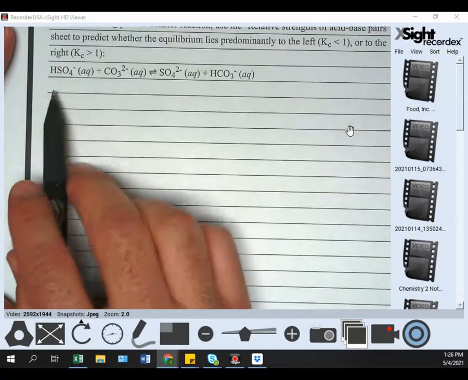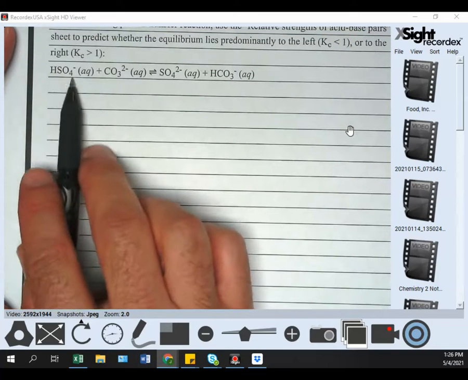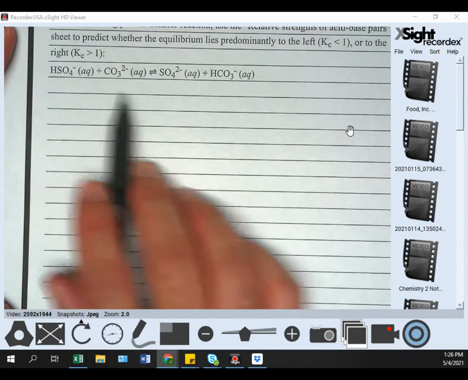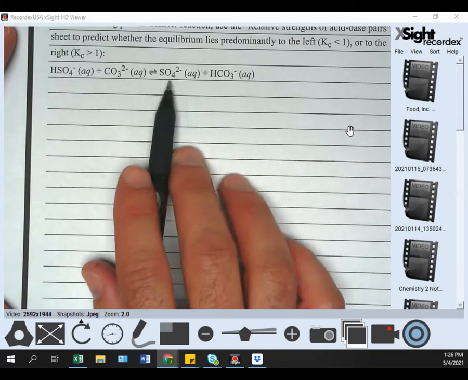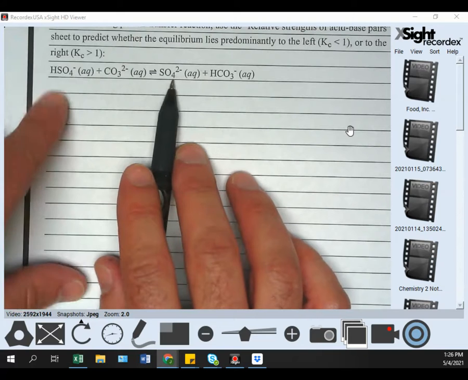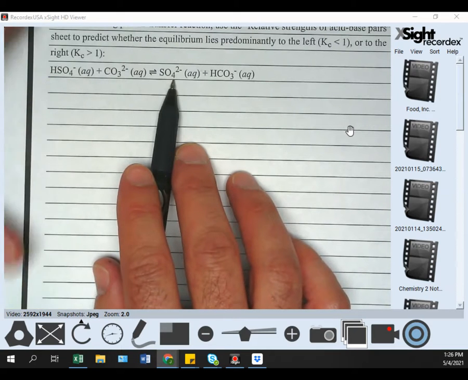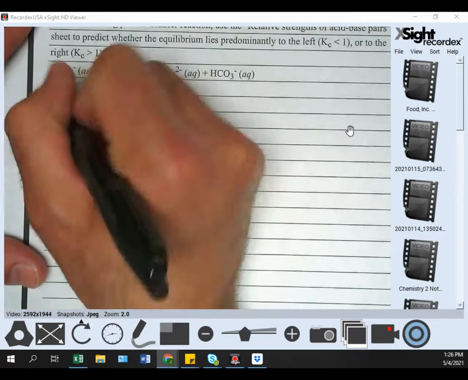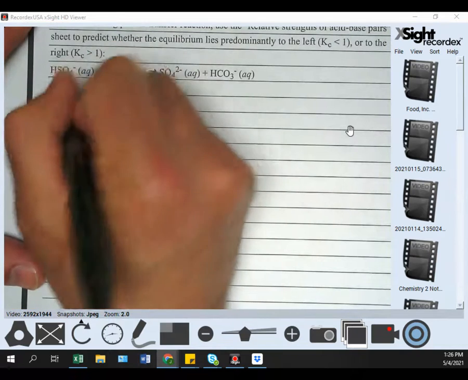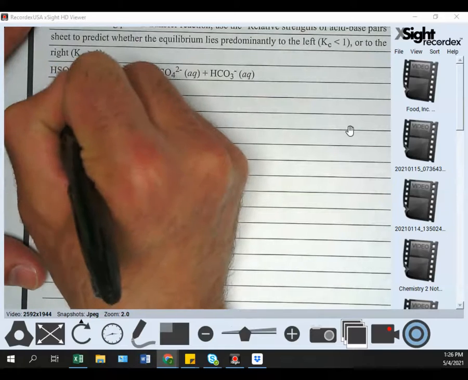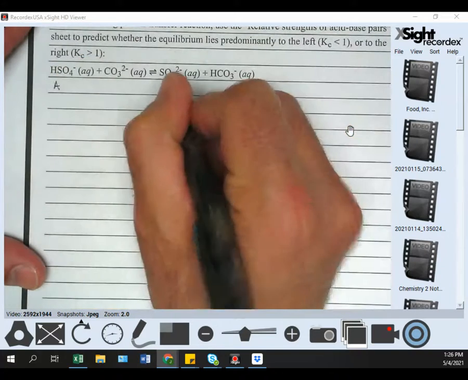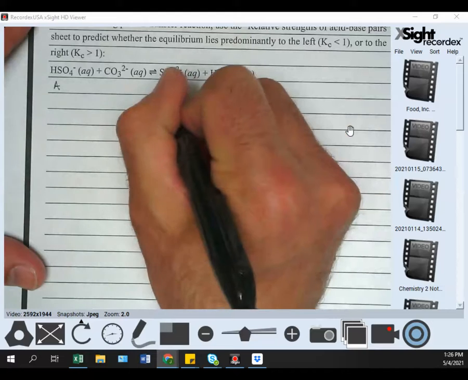So HSO4 -1 turns into what? Good. So what happened to it? Did it gain or lose a hydrogen? Loss. So if it gives up a hydrogen, that makes it an acid. So I'm going to put A under this, and that makes this thing the conjugate base.